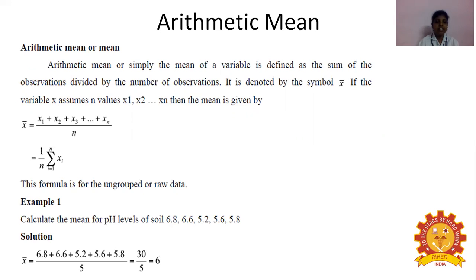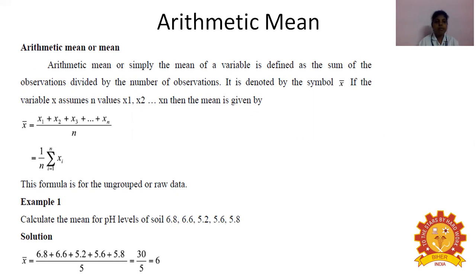Simply we can write it as 1 by n summation i equal to 1 to n xi. This is the formula for ungrouped or raw data.